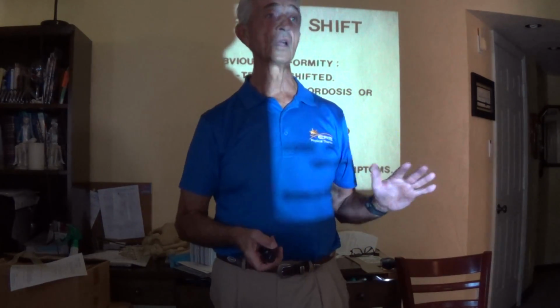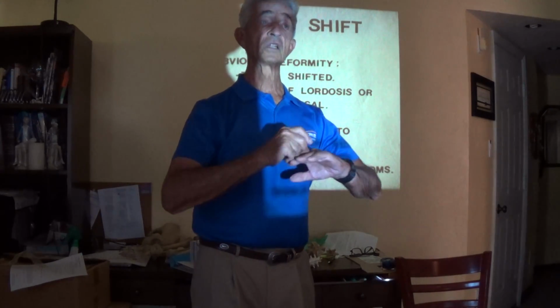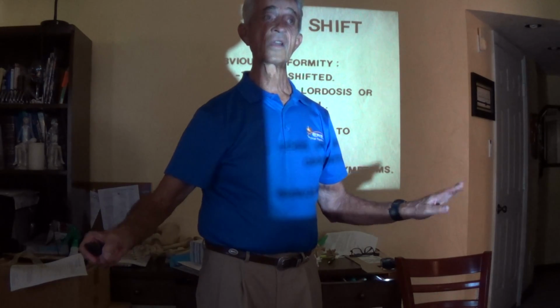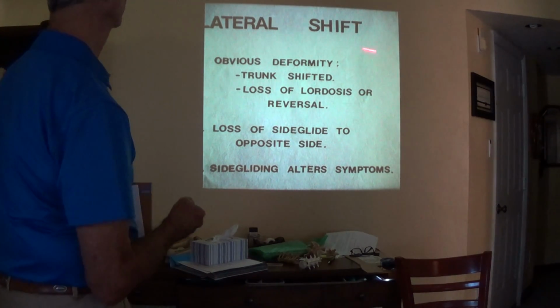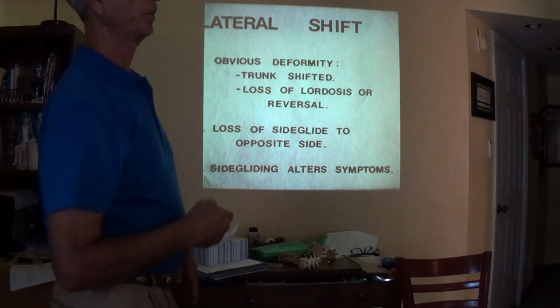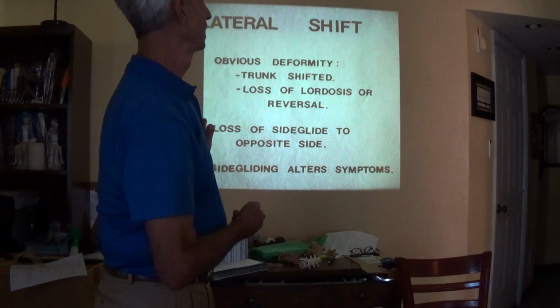So long and short, if it's a flexion principle and the patient has a shift with it, disregard the shift. Just treat them as a straight flexion principle. Okay, so lateral shifts. That's probably why we have lateral shifts and how we approach them.